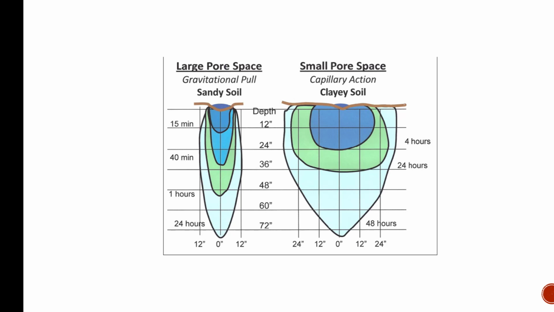And you can see after 24 hours, the green ring there, that's 36 inches in clayey soil and 40 minutes for sandy soil. So it can totally affect how quickly water moves through.